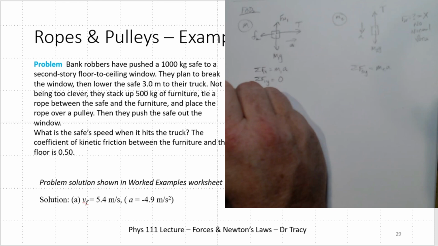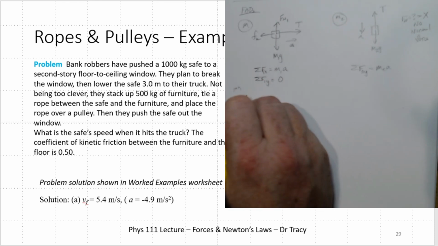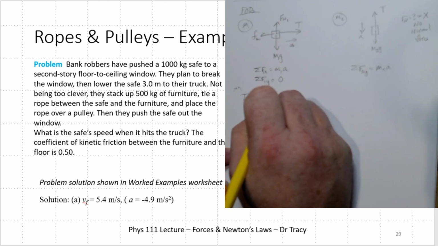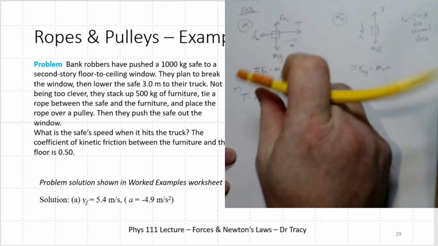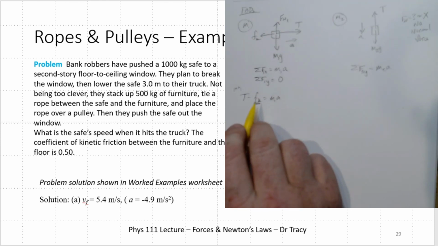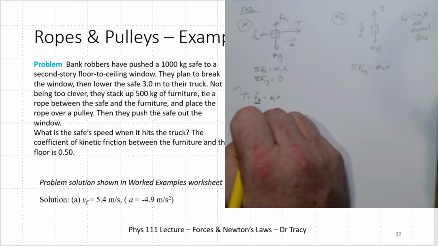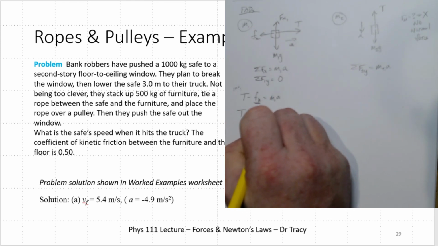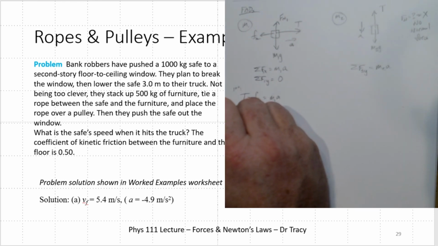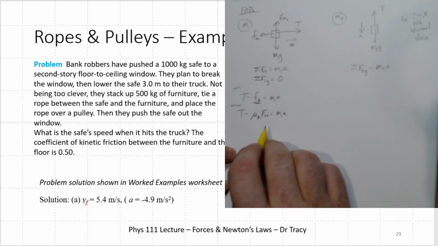First, sum of forces in the x direction. T minus friction, kinetic friction equals ma. As soon as you see this, you should be thinking about that kinetic friction definition. T minus mu k normal force equals m1a, where kinetic friction is that.